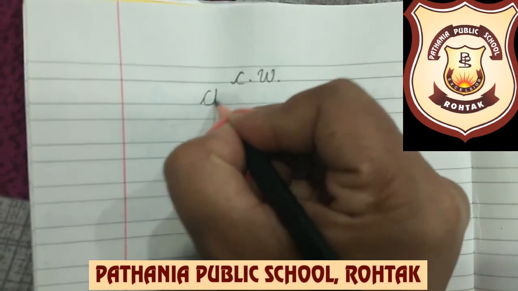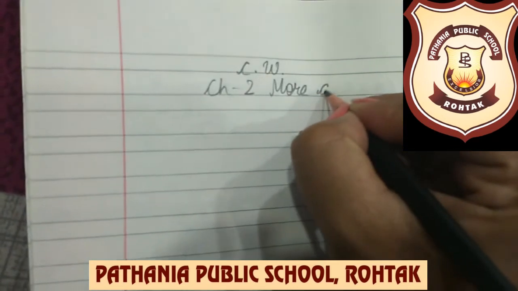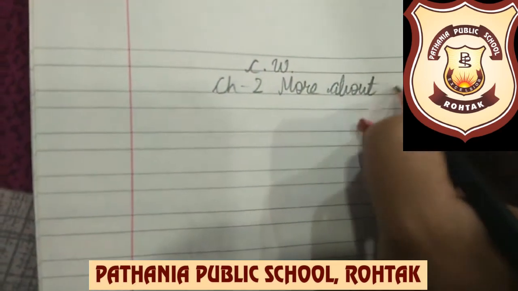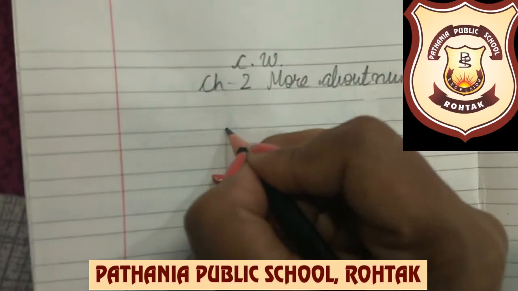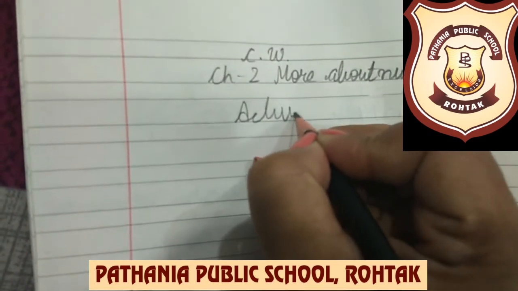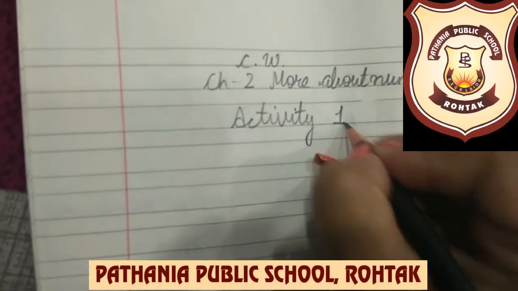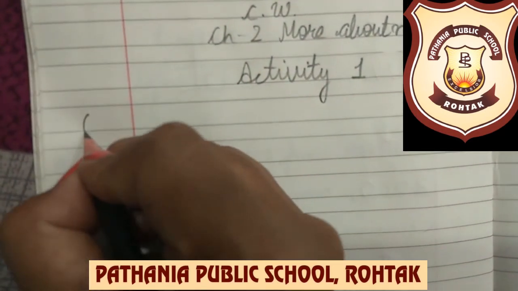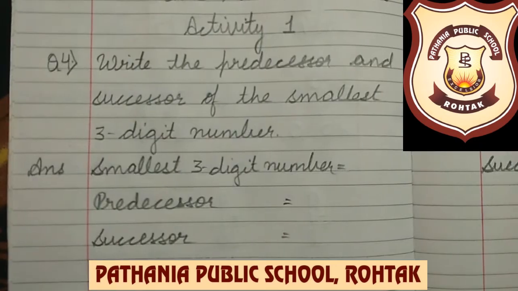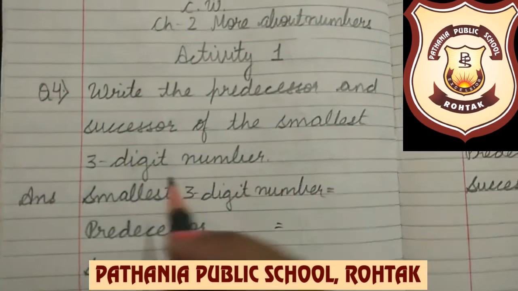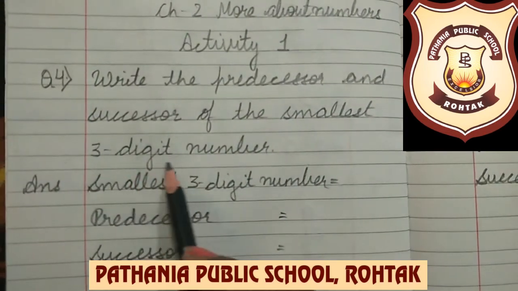Now chapter 2 we are doing, more about numbers, activity 1, question 4. Students, please write question number 4 in your notebook. Write the predecessor and successor of the smallest three-digit number.